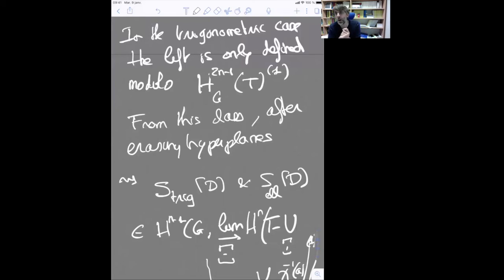For example, if you work in C mod Z, it's better. It's easier to see it in C star. If you work in C star, dz over z is fixed by multiplication by an integer, and so this group is not trivial.